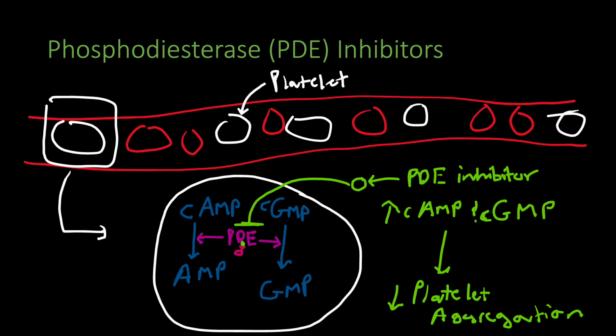So PDE inhibitors are going to inhibit or block the PDE enzyme from breaking down the cAMP and the cGMP. And by doing that, we're going to increase the concentration of the cAMP and cGMP, so it will decrease the platelet aggregation.